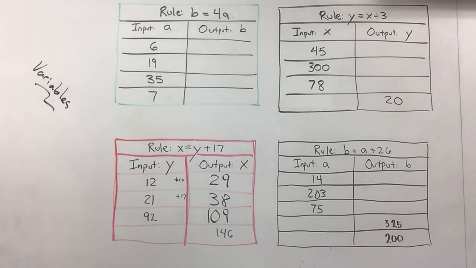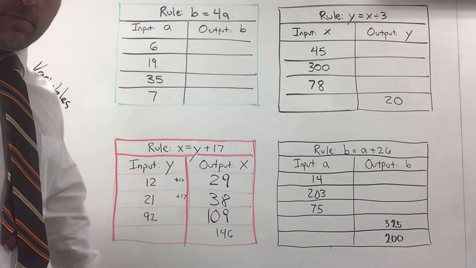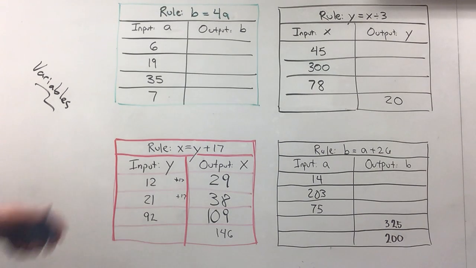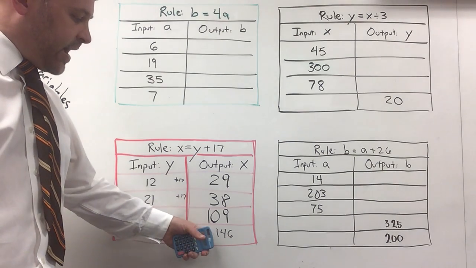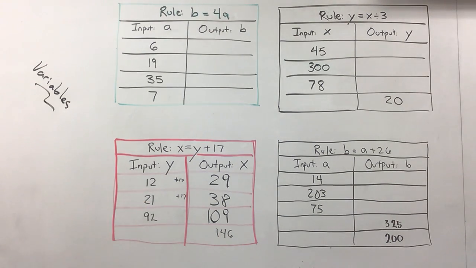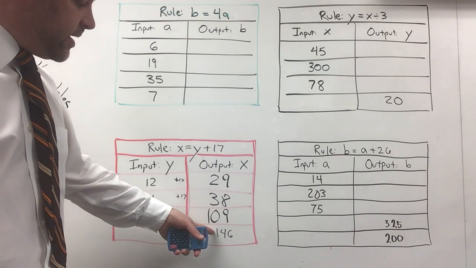Wait a minute, I think I made a mistake. This doesn't have an input, it has an output. I guess I made a mistake, huh? There's no way we can figure it out, can we? Because every time we have to add to get this number. But this kind of has the answer. I guess we don't know what it started with. Unless we can work backwards. What's the opposite of adding 17?